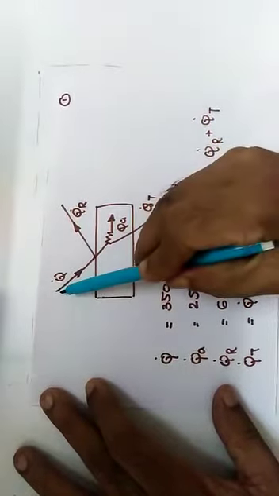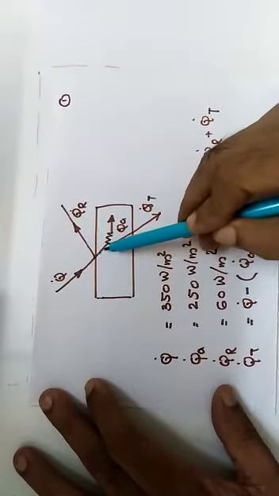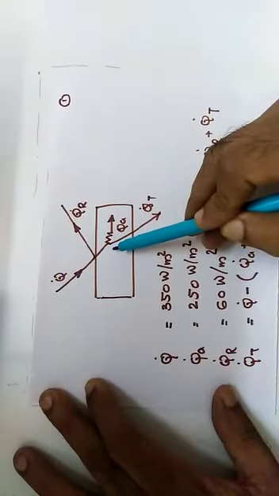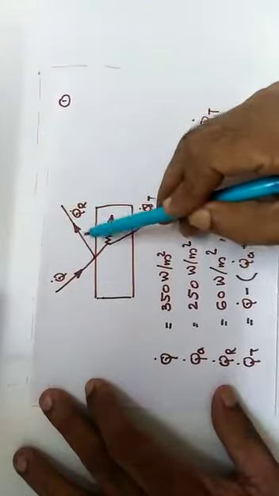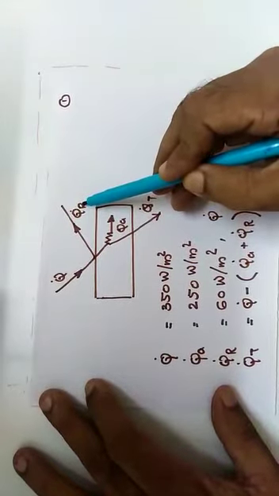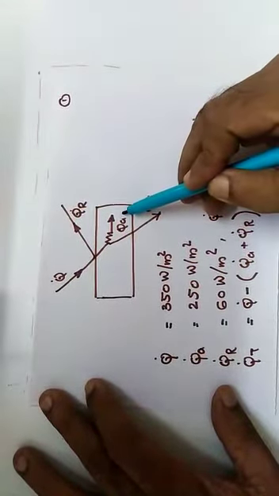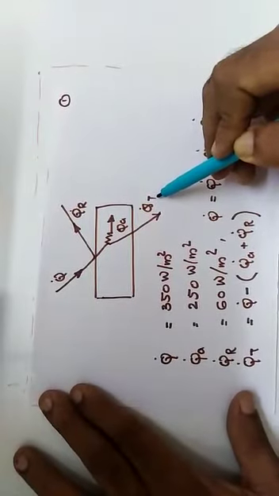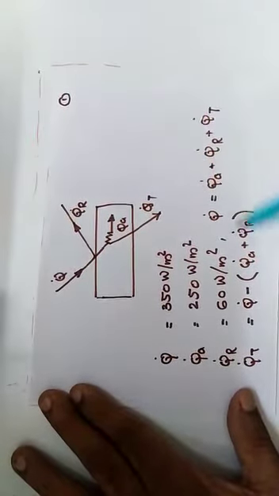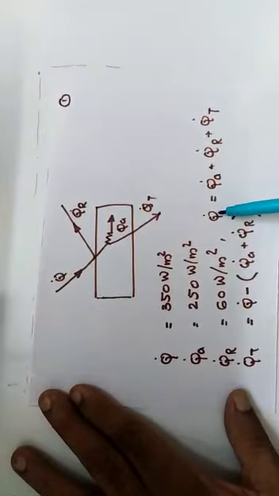So the total amount of radiation that falls on the surface in 1 second is split into three components. One is reflected, second one is absorbed, and the third one is transmitted. So we can write that Q dot equal to Q dot A plus Q dot R plus Q dot transmitted.